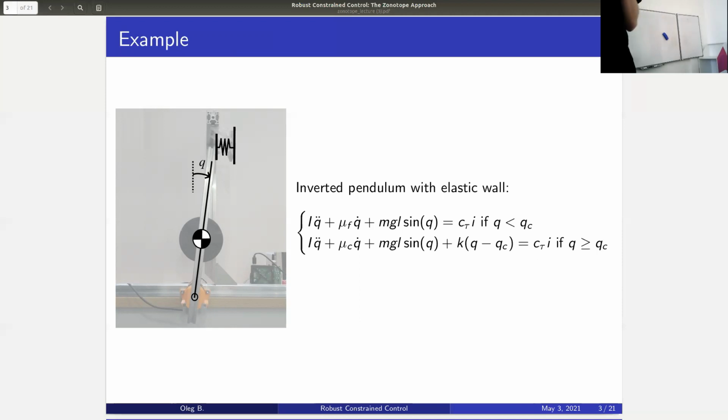Does anyone know what identification of a system is, who has experience in that? No. Have you heard about this procedure? Yes. It's very non-trivial, it's very tricky, and your identification is practically always not so excellent.